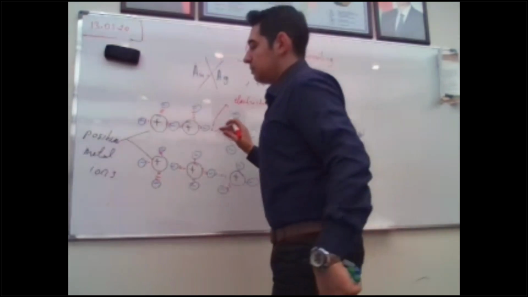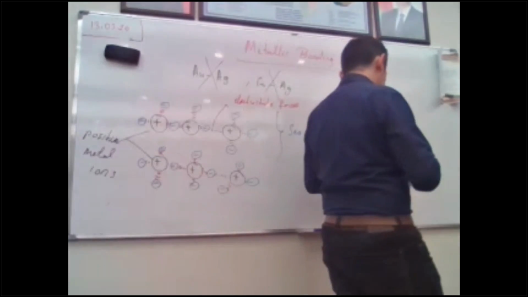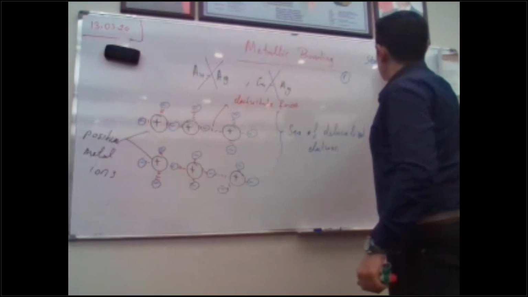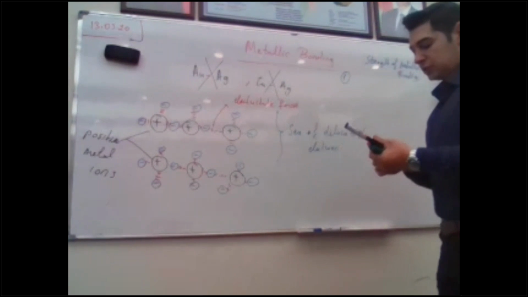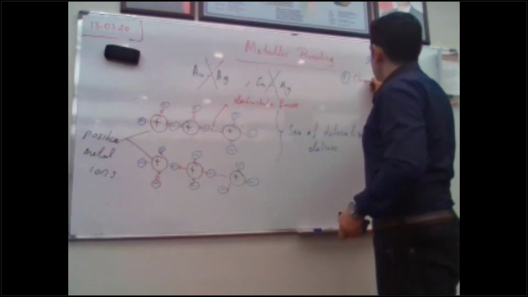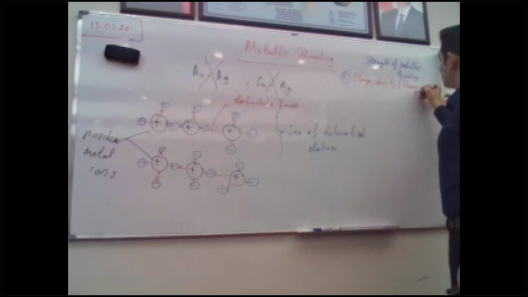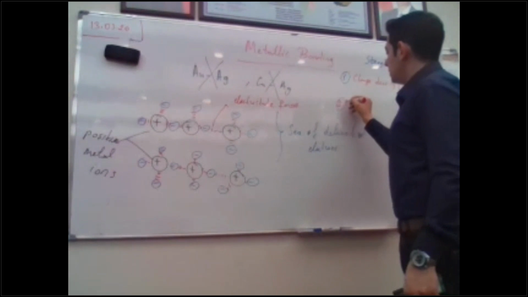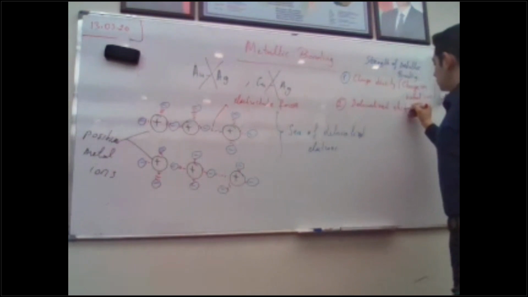Okay, but what does metallic bond strength depend on? Metallic bond strength depends on two things. First, the charge density, or charge on the metal ions, and second, their delocalized electrons.